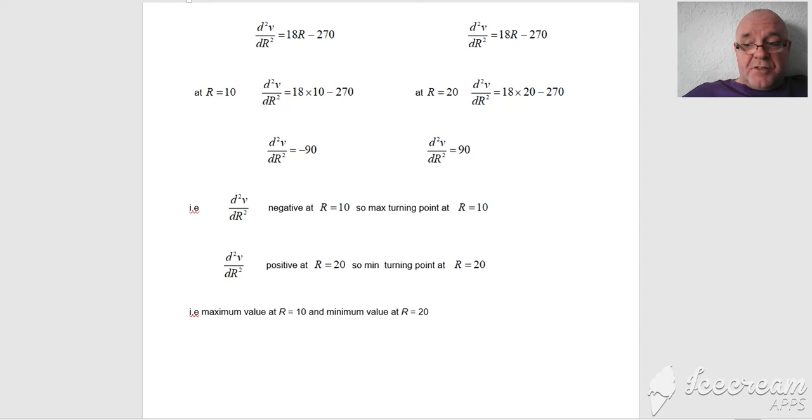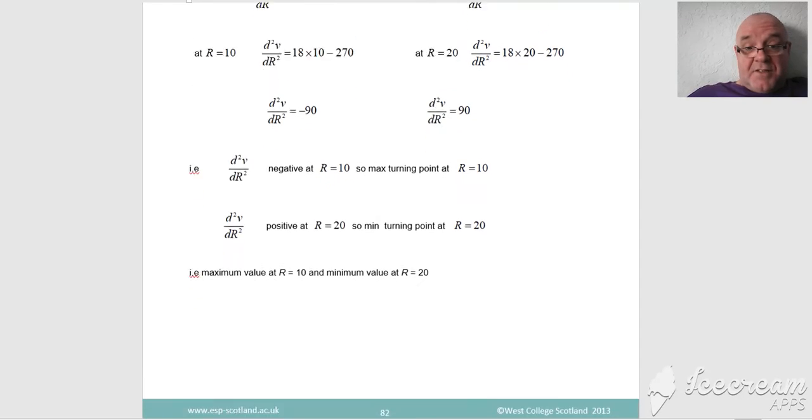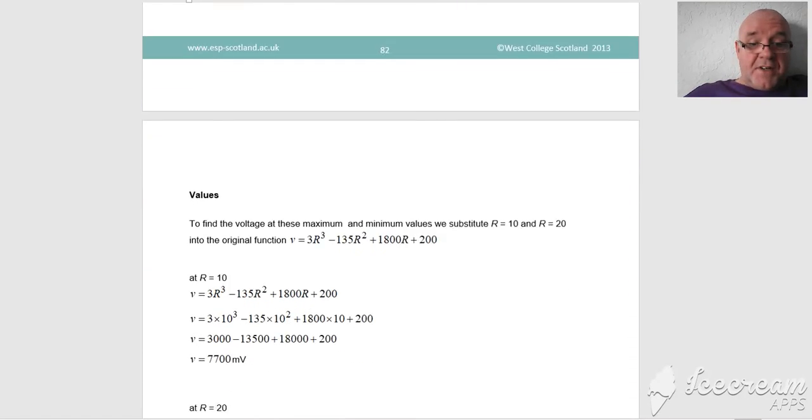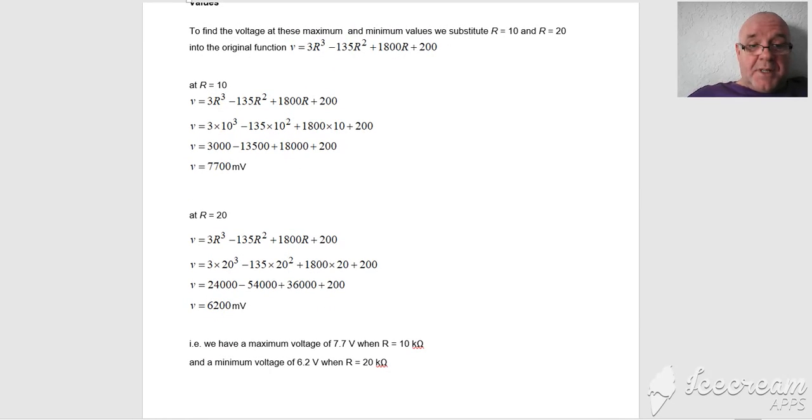The only thing we need to do then, just to finish it off, is to find the actual values. To find the values, you plug them into our original function. At R is 10, V is given by that. That's right at the start of the question; it tells you how to find V. If you put 10 in, you get 7,700 millivolts. The electrical engineers will say that's 7.7 volts.